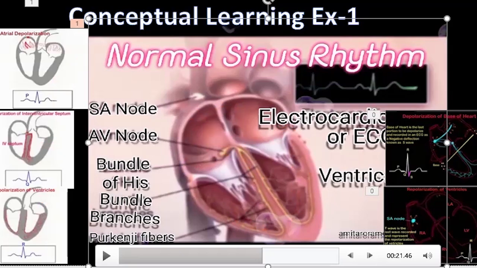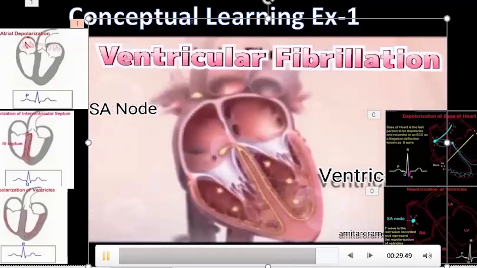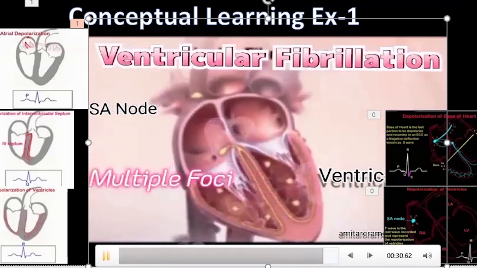Now let us try to understand a life-threatening arrhythmia, but a very simple arrhythmia to recognize with the help of conceptual learning. Let us take the example of ventricular fibrillation. In ventricular fibrillation, as you can see, multiple foci are firing in the ventricle due to some pathology.